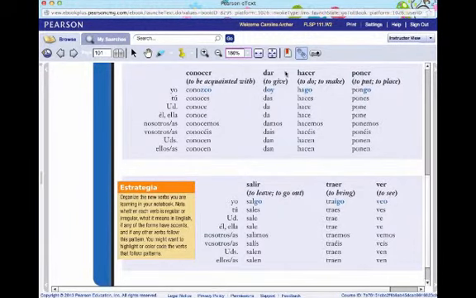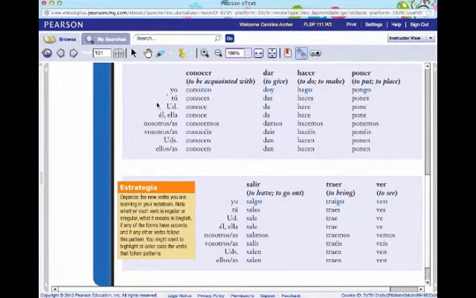So we put them all together because the only irregularity that these verbs show is in the yo form. Conozco, yo doy, yo hago. It doesn't really follow the endings like the regular verbs. Yo pongo, yo salgo, yo traigo, y yo veo.